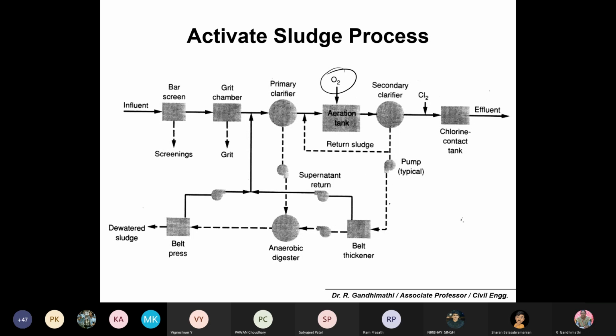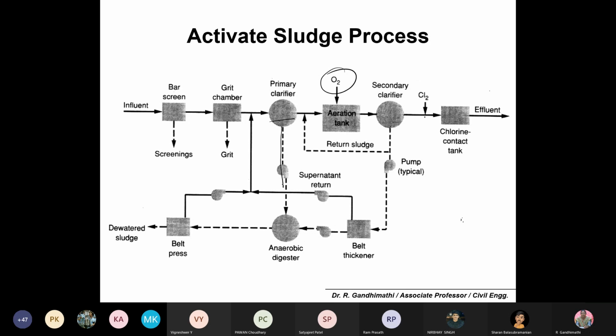Then one part of the sludge is wasted. Then the other part of the sludge is returned. Again, it is recycled into the aeration tank. Then you will get the effluent, maybe after disinfection, that may be discharged into nearby water bodies. Now coming to the sludge, maybe you can expect the sludge from 2 different locations. One is from the primary sedimentation tank. There you can expect a large amount of suspended solids that may be settled at the bottom of your basin.